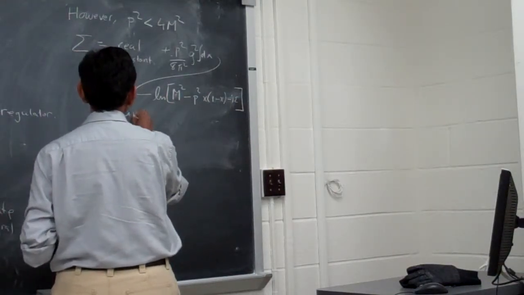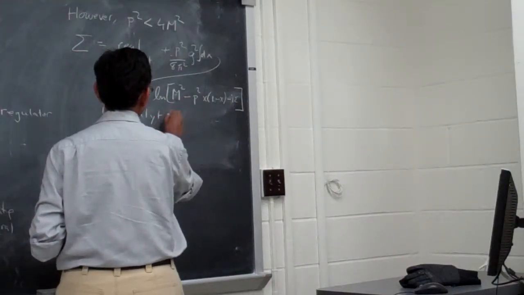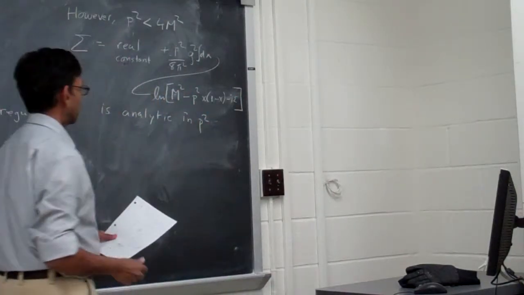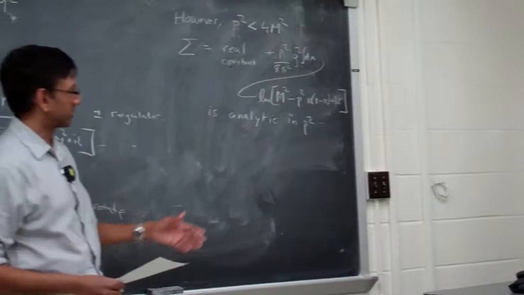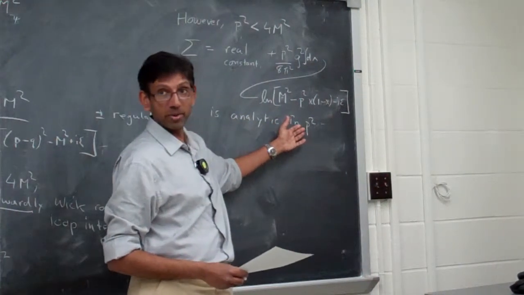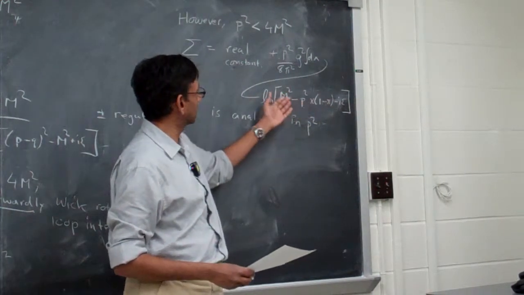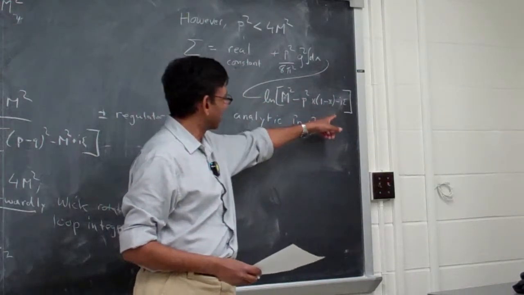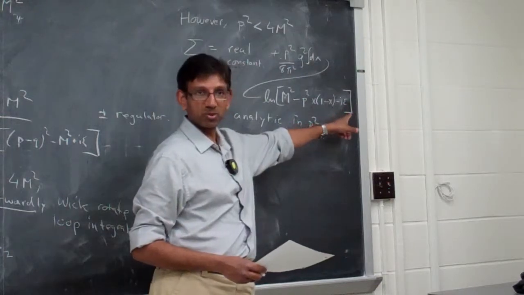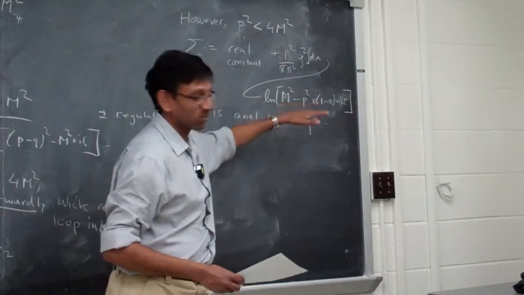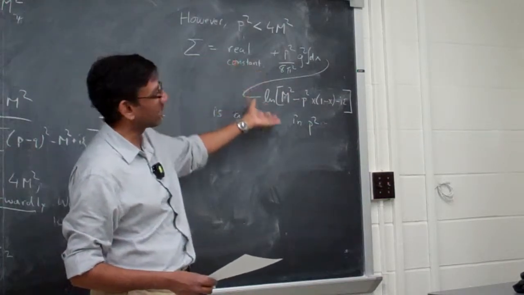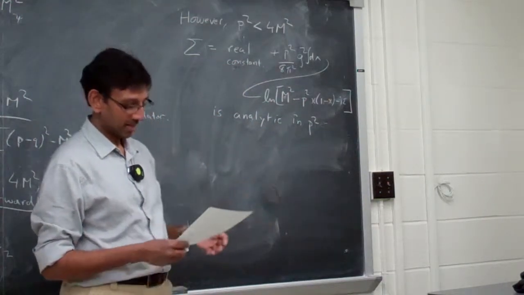It is analytic as a function of the external momentum. It's an analytic function with just some sort of a branch cut somewhere or another, and an I epsilon prescription telling you whether for real p squared you should be above the branch cut or below the branch cut. It's a very simple analytic function of p squared.